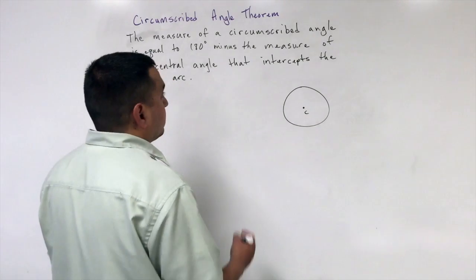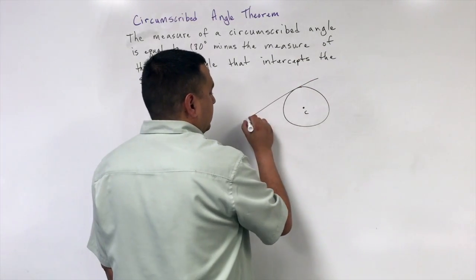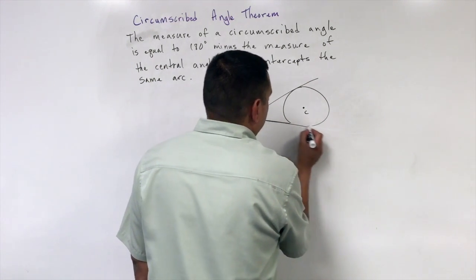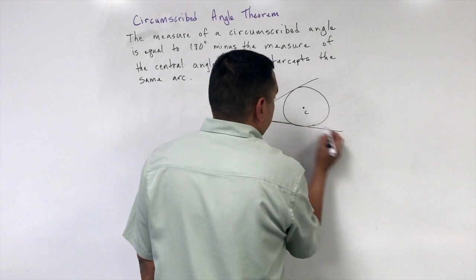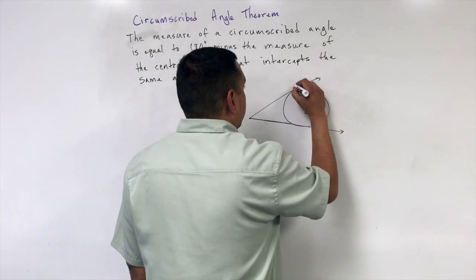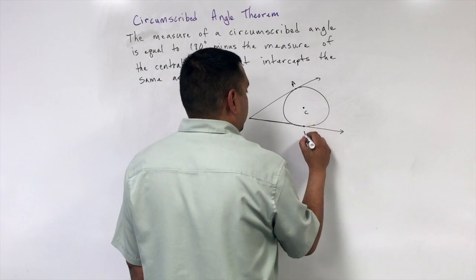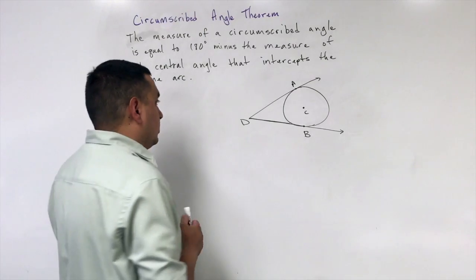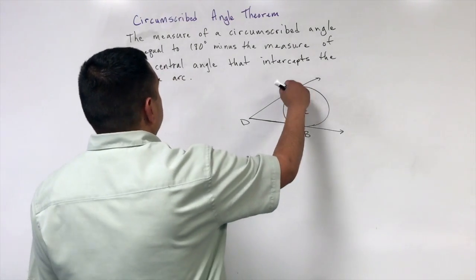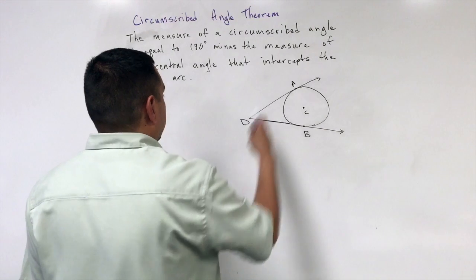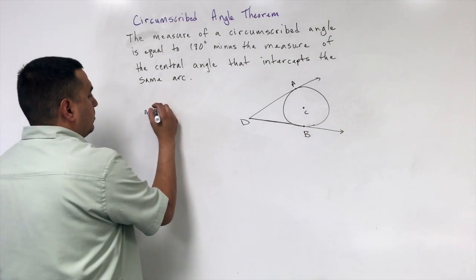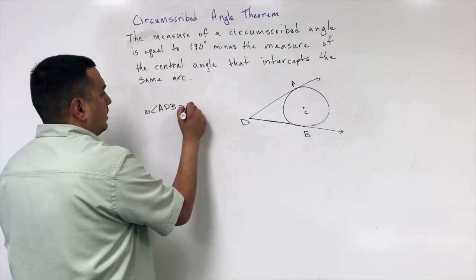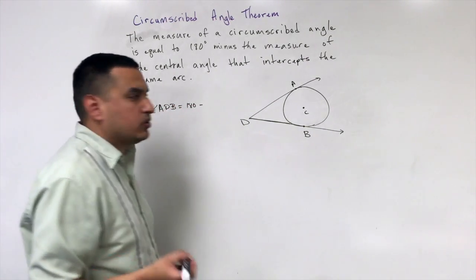So if I have a circumscribed angle, let's draw that. That means I have something that looks like that, more or less. And I'll call this point A, call this one B, call this point D. This is my circumscribed angle, so the measure of angle ADB is going to equal 180 minus the central angle.